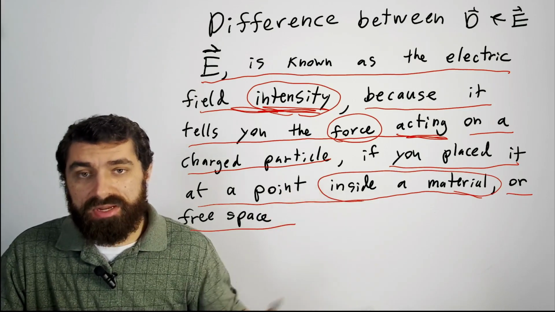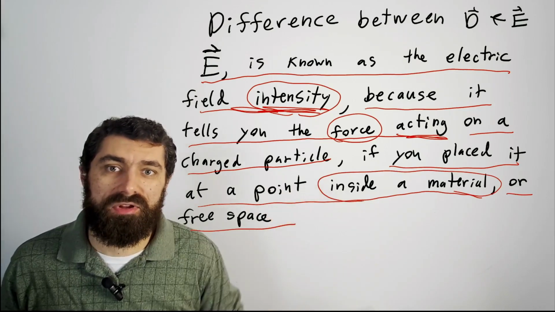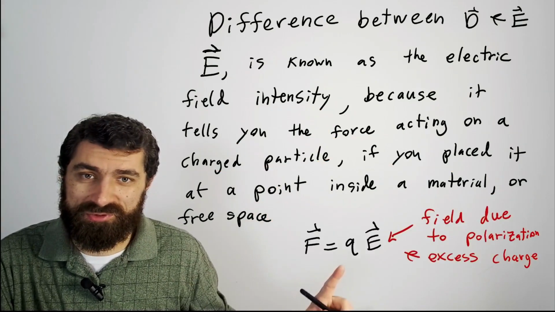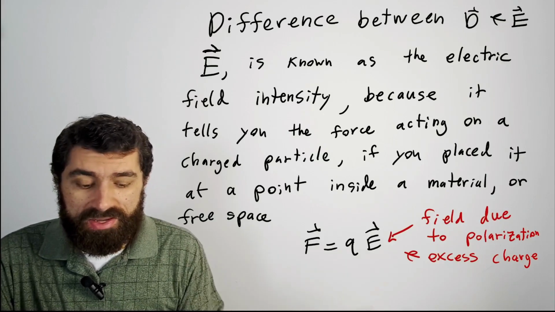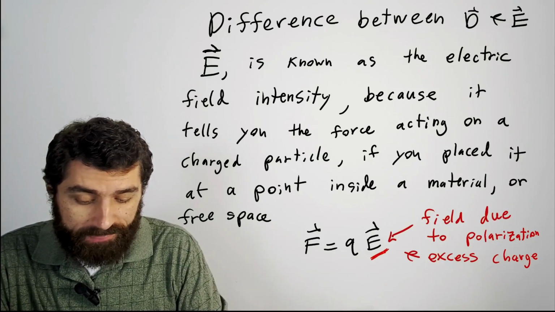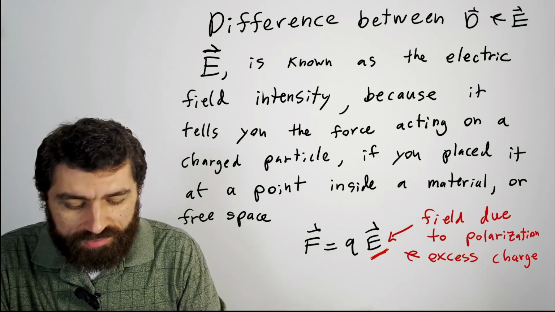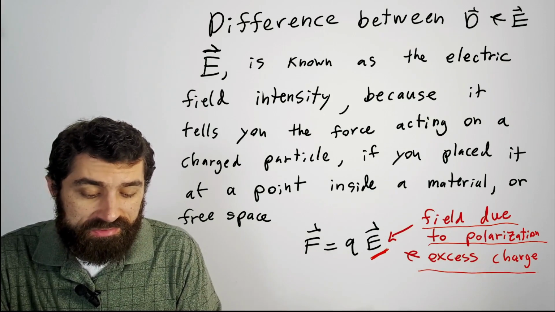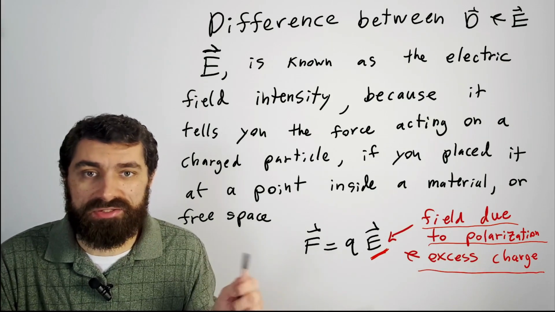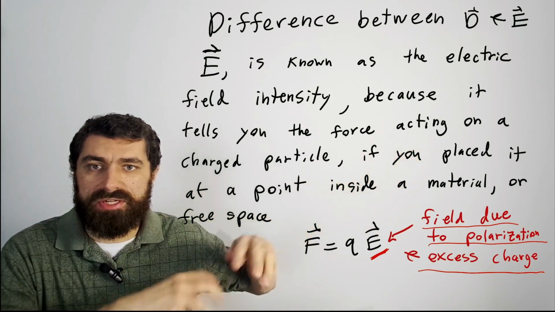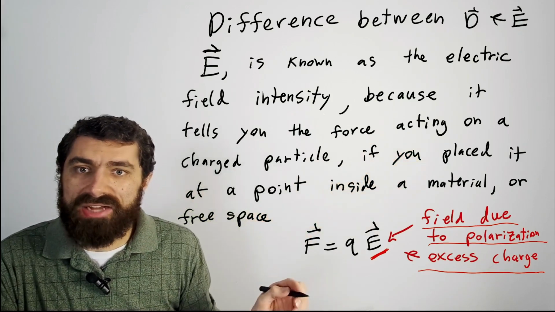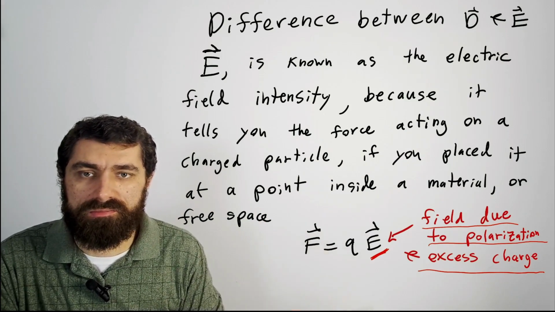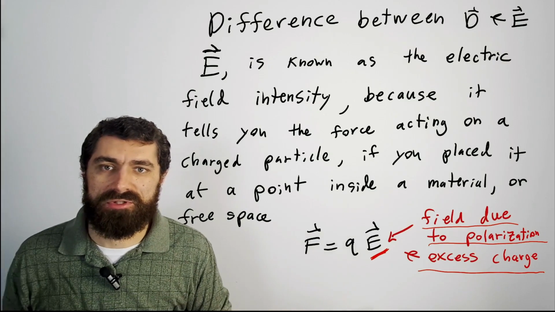If you place it at that point, it tells you the force on that charged particle. So simply put, the force is equal to QE. And this field E includes all the field contributions due to polarization and excess charges. So it describes the net result of everything in its surroundings, so that you know exactly what would happen to a point charge if you placed it there, and you would know that it would have that force.